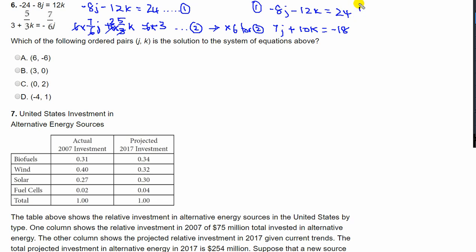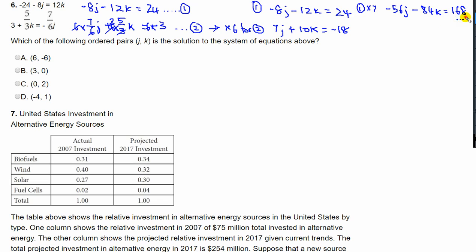For equation 1, I'm going to multiply by 7. So minus 8 times 7 gives you minus 56j. Then 7 times 14 will give me 84k. Then 24 times 7 is 168.